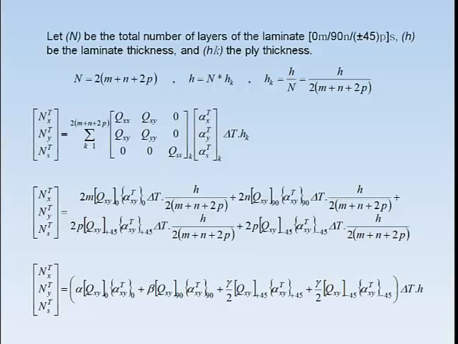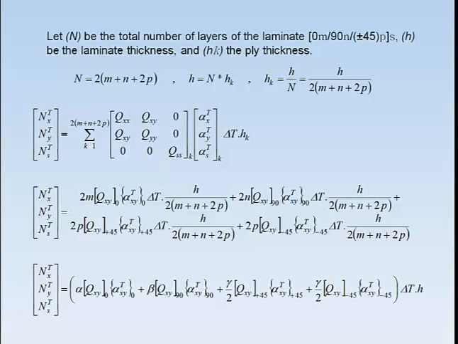The thermal force resultants Ntx, Nty, Nts are further derived as summation of k equal to 1 to 2 into (m plus n plus twice p) of the matrix Qxx, Qxy, 0; Qxy, Qyy, 0; 0, 0, Qss, all into alpha tx, alpha ty, alpha ts into change in temperature into hk, the ply thickness.